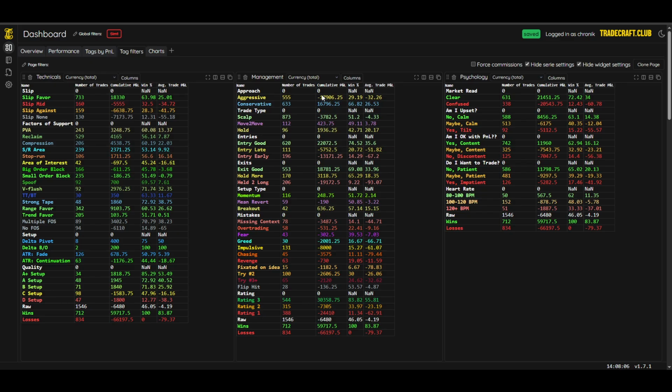So I just want to look at an equity curve to see if there's anything weird. There it is. Is there any weirdly large win?